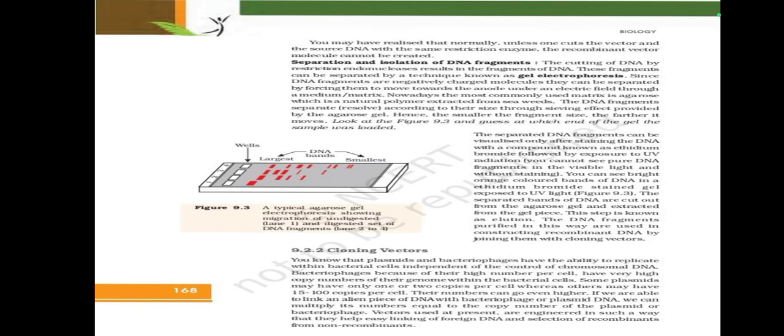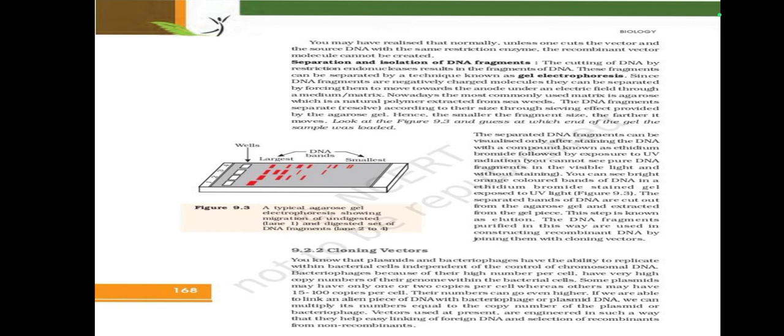Figure 9.3. The separated bands of DNA are cut out from the gel piece. This step is known as elution. The DNA fragments purified in this way are used in constructing recombinant DNA by joining them with cloning vectors.